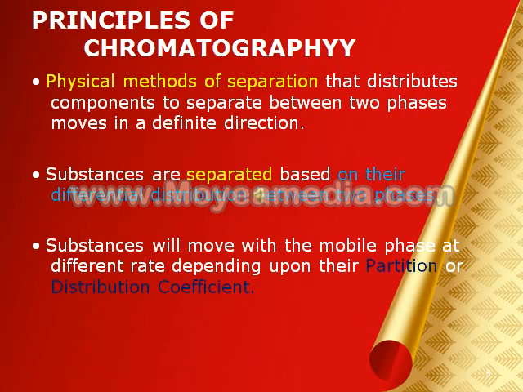The principle of the technique is based on physical means of separation between two phases based on their differential distribution. For the speed of flow, the distribution or partition coefficient is responsible to a great extent.